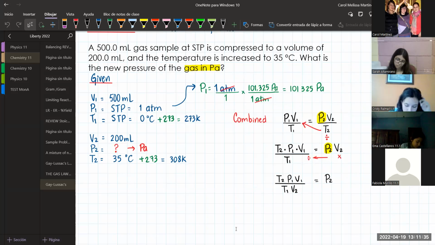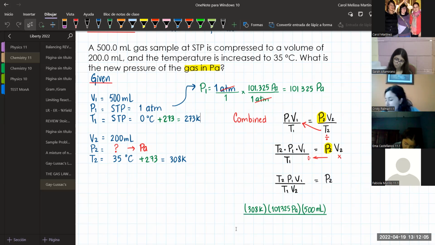My temperature 2, that is 308 Kelvin, multiplying my pressure 1, that is 101,325 pascals, volume 1, that is 500 milliliters, divided by temperature 1, that was 273 Kelvin, also divided by the second volume, the volume after the compression, that was 200 milliliters.